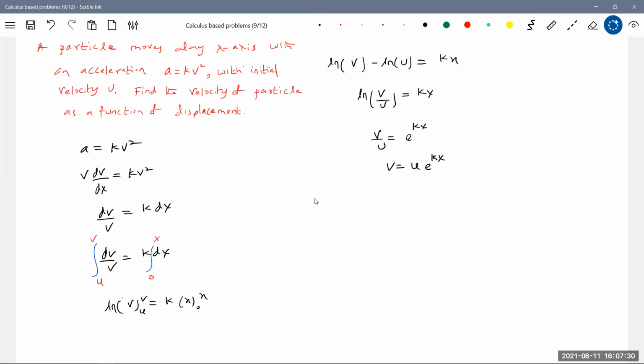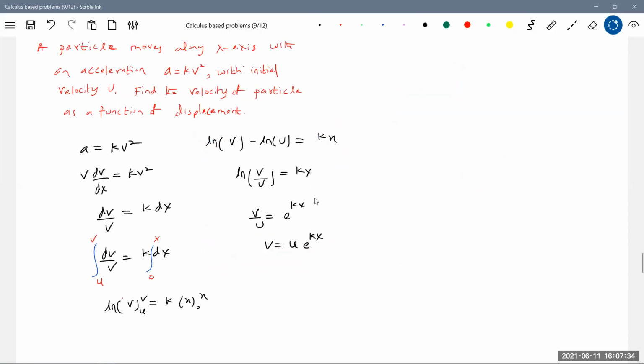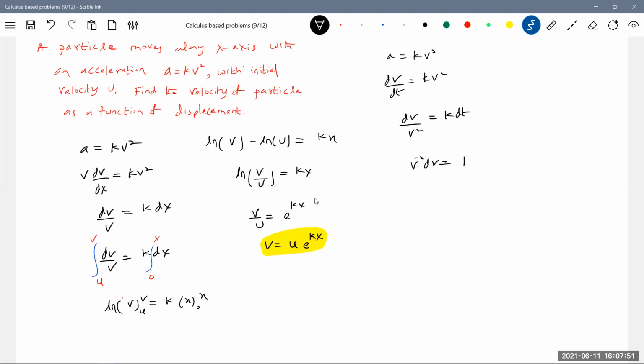Now, instead of this, can we do it as a function of time? Instead of writing this, we can also begin another way. Let's see what we end up with. Limit: at t equals 0, the initial velocity is u. At any time t, let it be v.